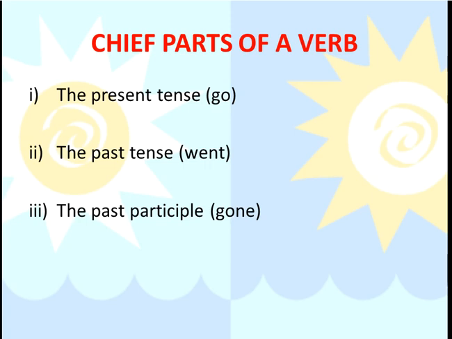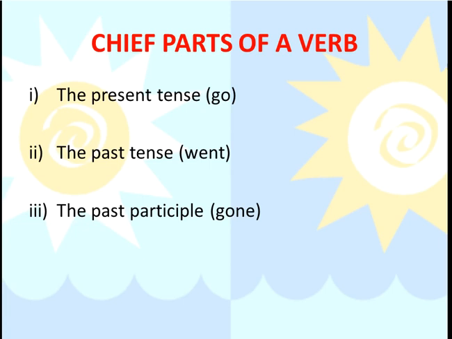Chief parts of a verb. The chief parts of a verb are, first, the present tense. For example, the first form of a verb is go. The second one is the past tense. The second form of the verb go is went.